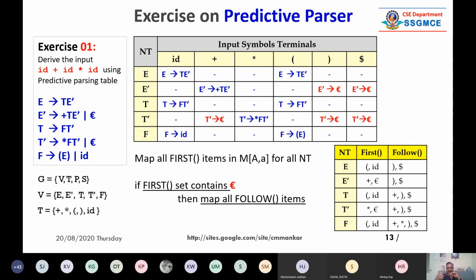I will be giving you more details on what is an LL1 grammar. So anyway, we shall go a little ahead, and then I will come back to the construction of the predictive parsing table and construction of first and follow sets.